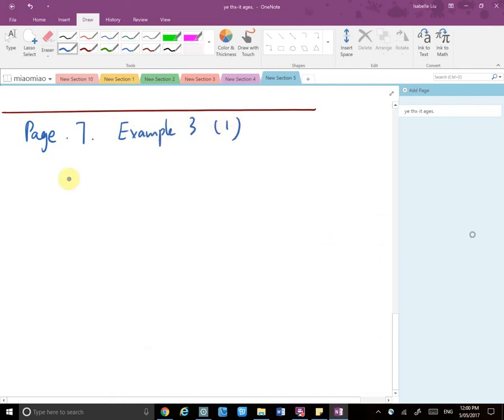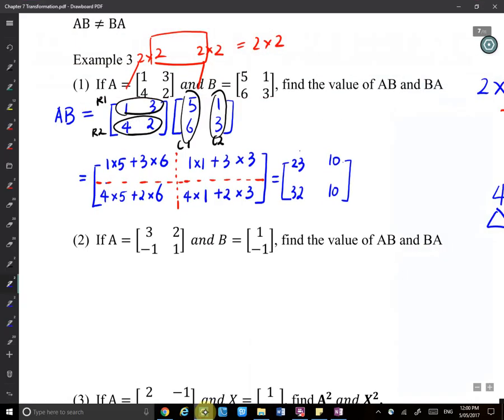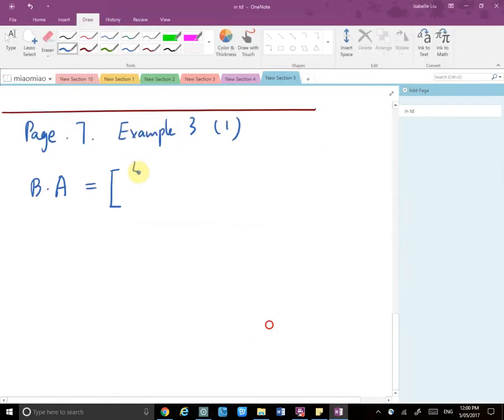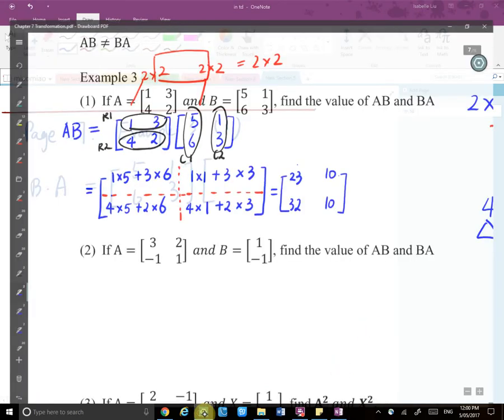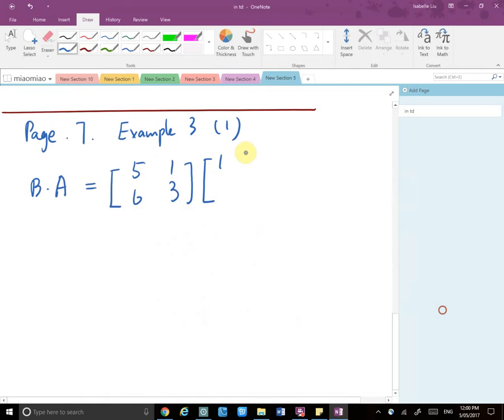Okay, B times A. So B times A will be 5, 6, 1, 3 times 1, 3, 4, 2. So still 2 times 2 times 2 times 2.